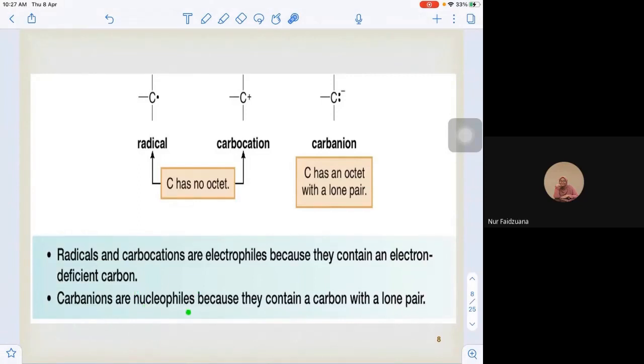Remember the nucleus of an atom consists of proton and neutron, right? Remember your atom's structure? Proton is the positive species. So this carbanion will be looking for the positive species, or those that lack or are deficient in electrons.